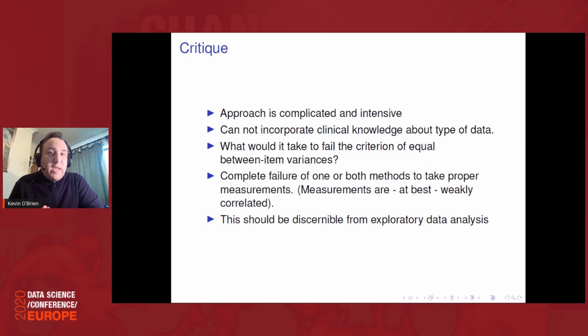So this is a very complicated framework, and I think it could do with some reduction, because if there is a failure to take consistent measurements, you should have discerned that from exploratory data analysis.